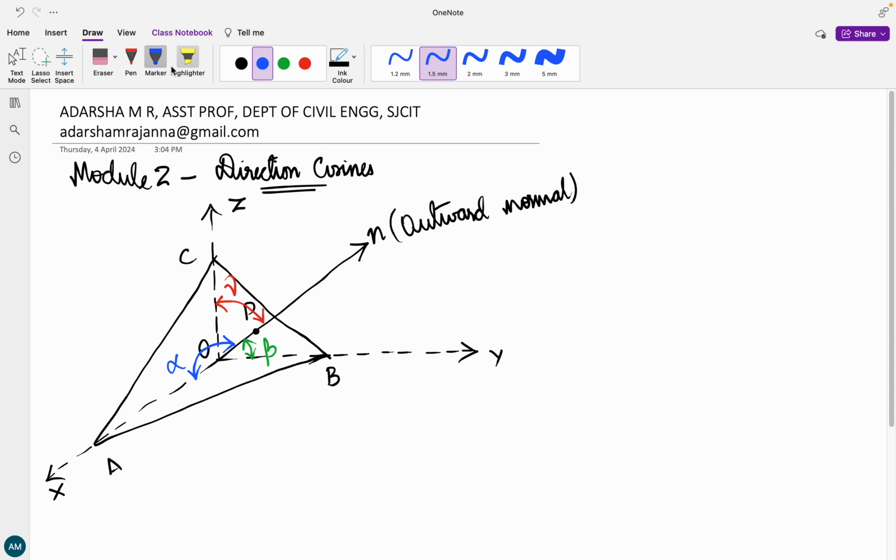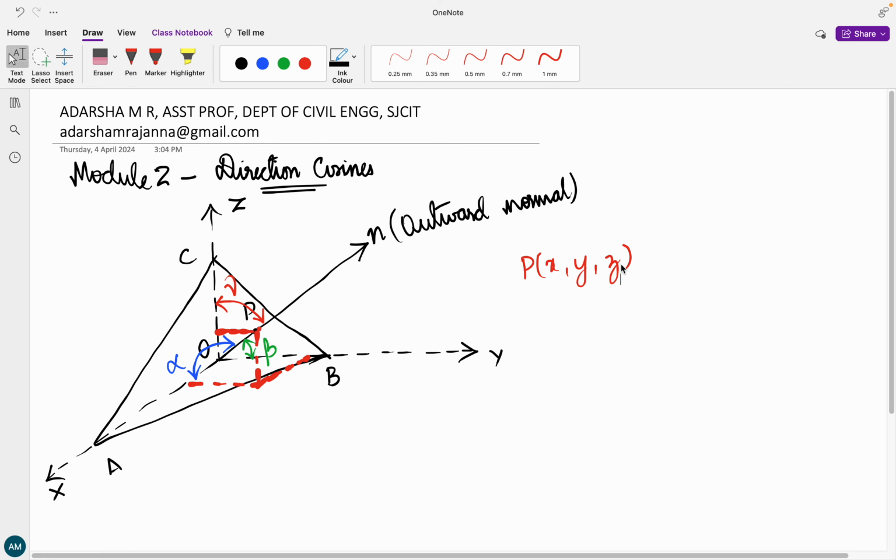If I just want to draw something like this, this is how the point is going to drop onto every respective plane. Alright, so the next is point P. I'll just write the coordinates of point P, that is x comma y comma z.